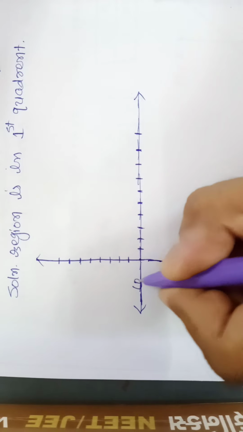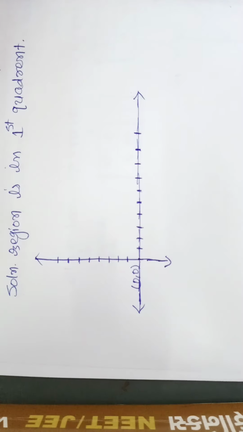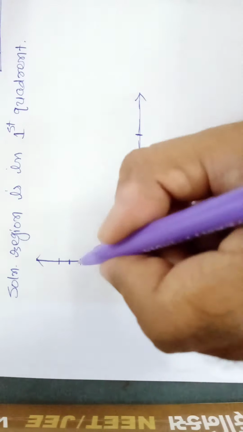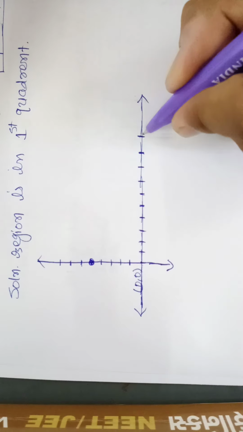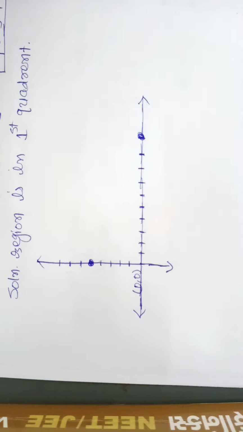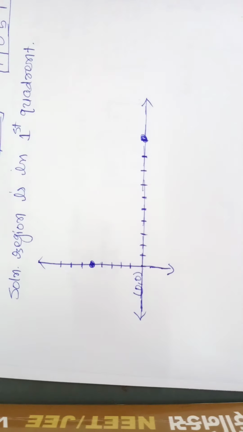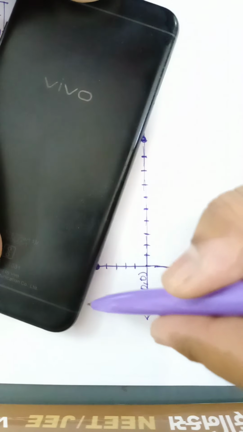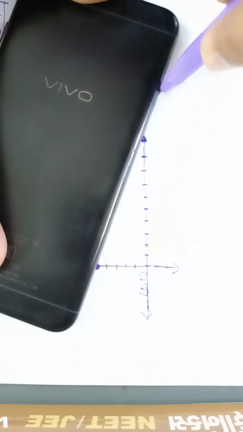See, here is the origin. I plot the origin there. Now 0, 5: 1, 2, 3, 4 and 5. 0, 5 is the first point we have to plot. 10, 0 is here. Let me join these two points very easily.